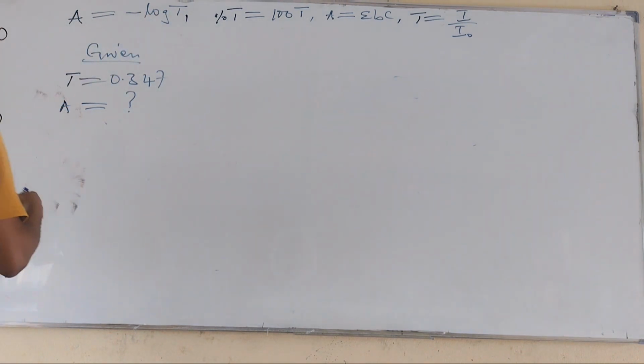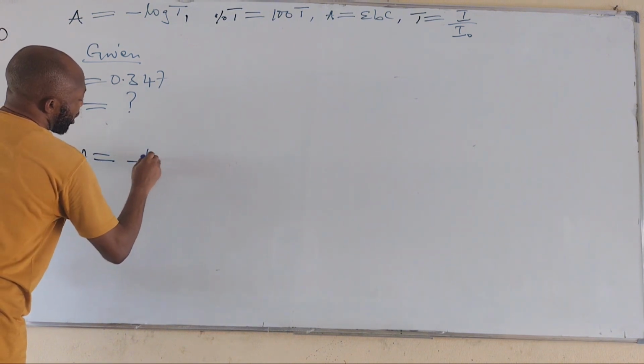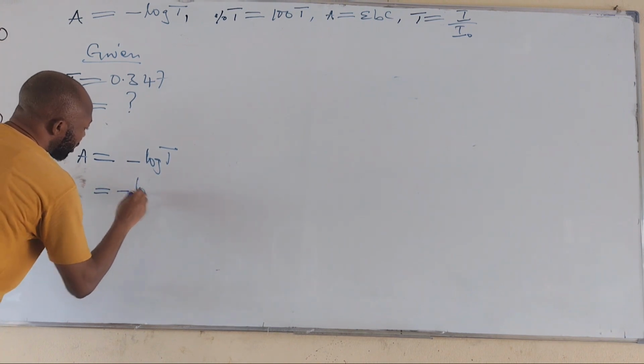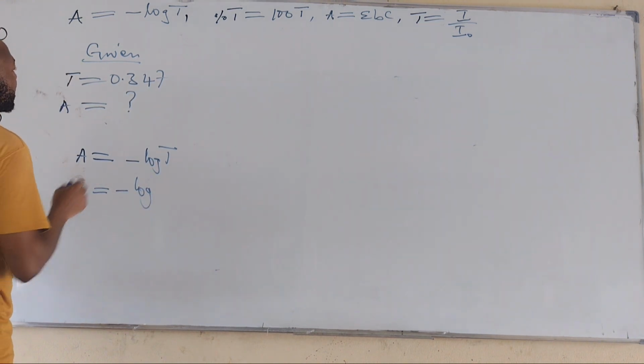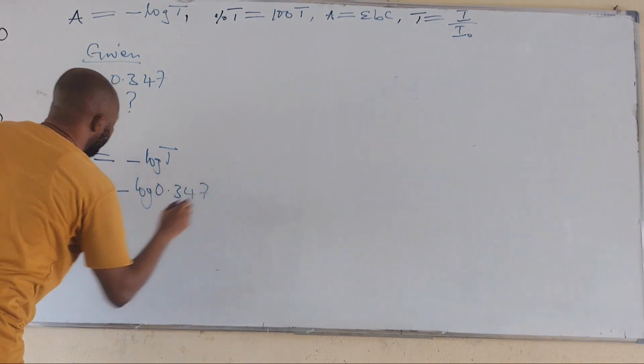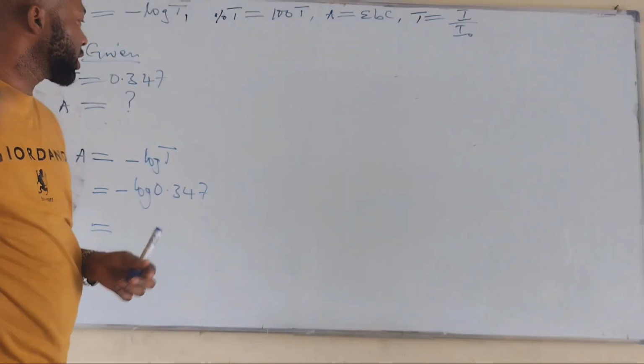So, our solution now, we say absorbance is equal to minus log T. This is minus log, our T is 0.347, and this is equal to, we'll use our calculator, we check it out.